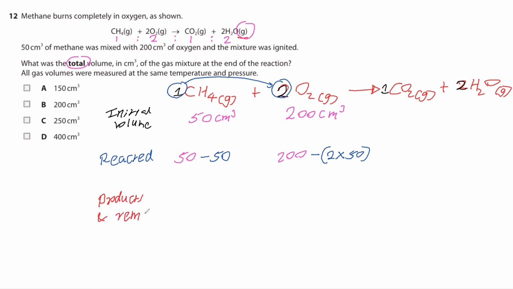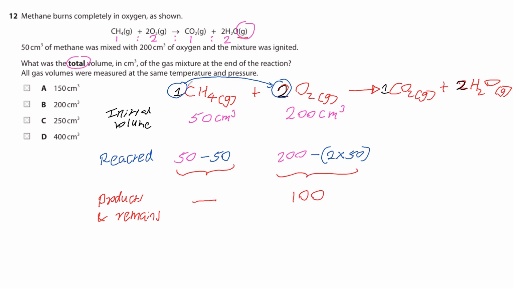How much is remaining? 50 were there and 50 cubic centimeters reacted, so remaining, there's nothing here. Here 200 was there, and from 200, 2 times 50, that means 100, reacts. So there is 100 remaining there.